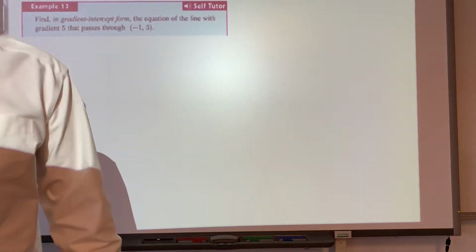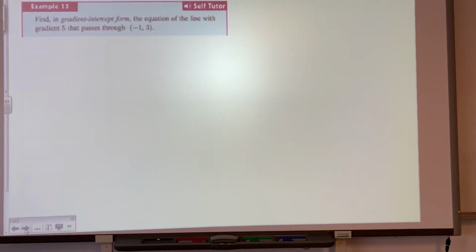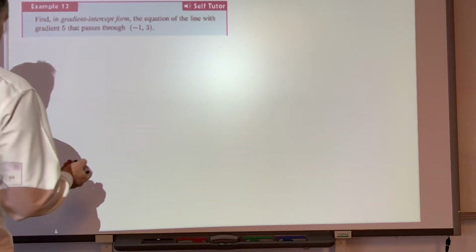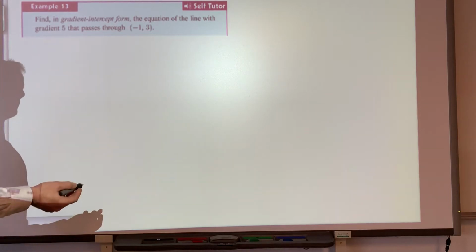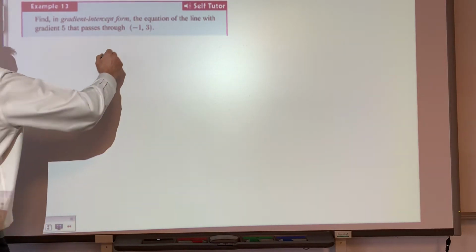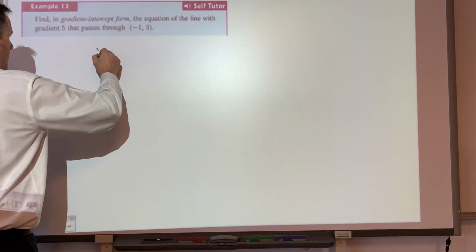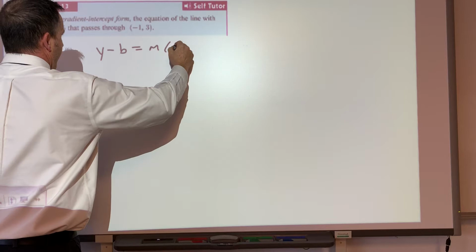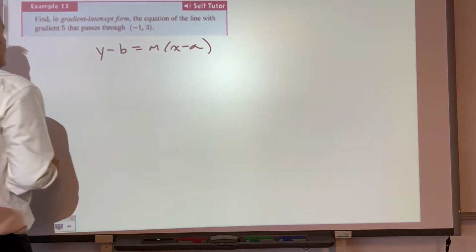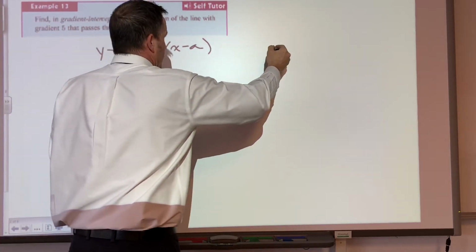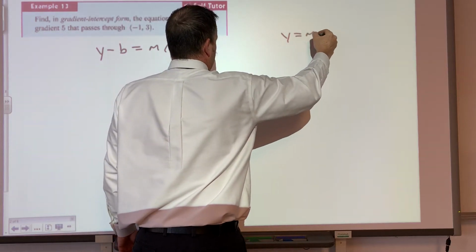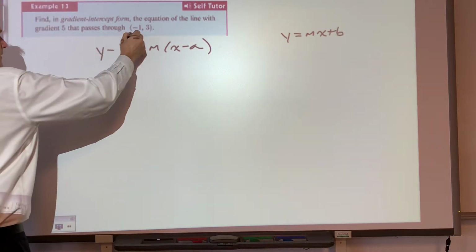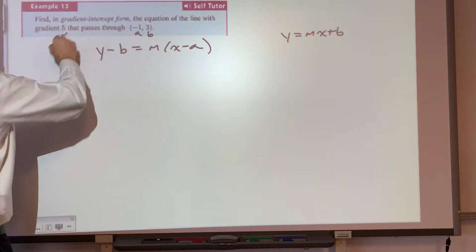The gradient intercept form, what we want to write in this particular question, it says the gradient intercept form, the equation of the line has a gradient of 5 and passes through -1 and 3. So I take my information that I have, I'm going to use y minus b equals m times x minus a. And my goal, gradient intercept, I want it to be y equals mx plus b. There's a, there's b, there's m.